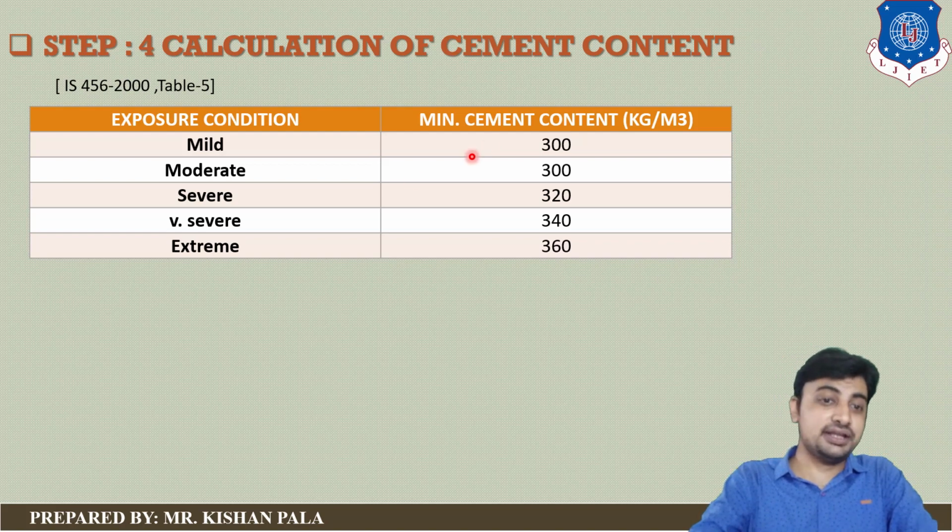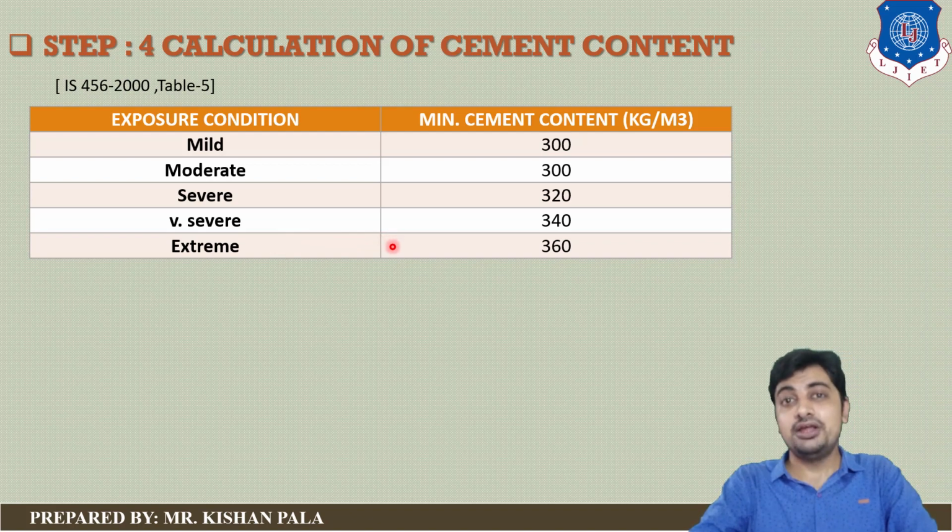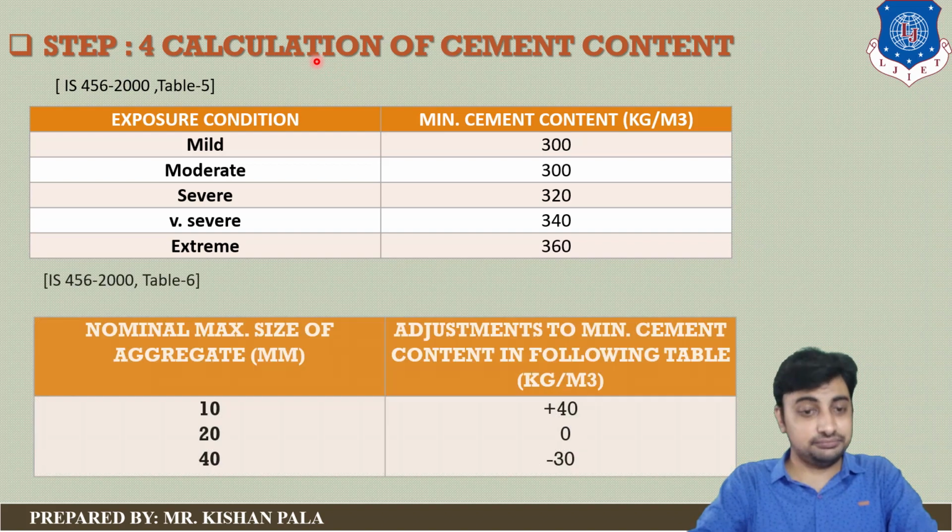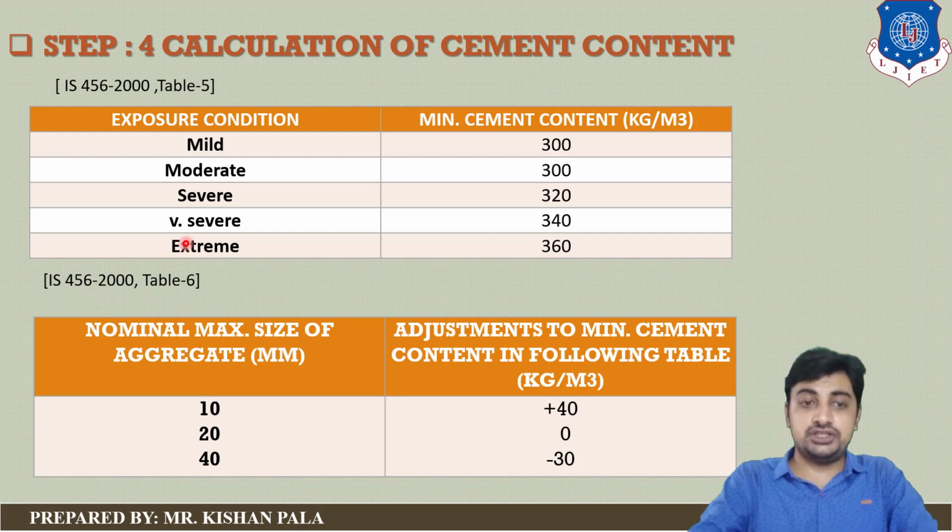If you are concreting in the extreme exposure condition, in that case you have to use at least 360 kilogram per meter cube. So you have to consider this minimum criteria which has been given in Indian Standard 456 2000, and you can see that second table which has been given in Indian Standard 456 2000, table number 6. This table is for the 20 mm nominal maximum size of the aggregate.